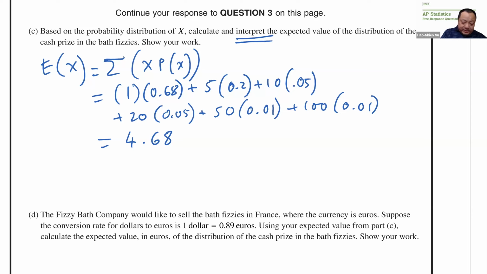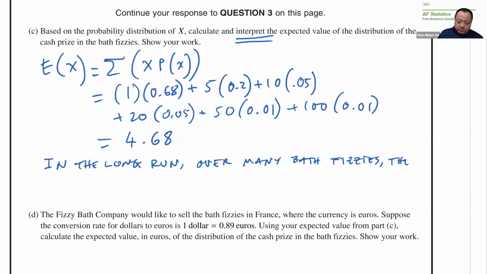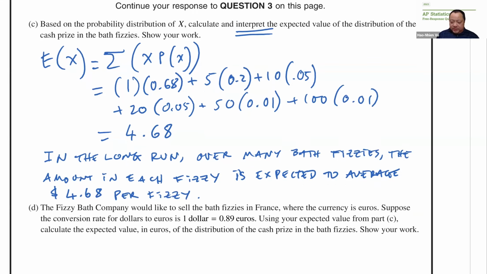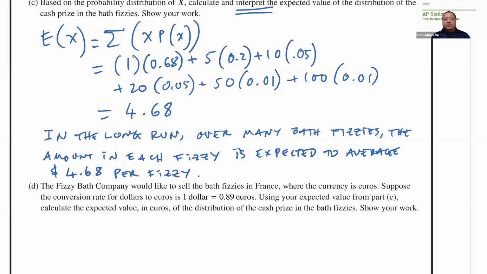So we can say that in the long run, over many bath fizzies, the amount in each fizzy is expected to average $4.68. That's the interpretation of an expected value.